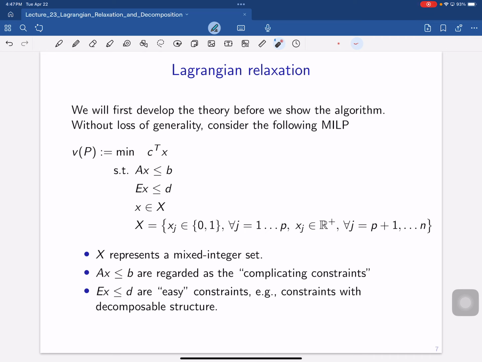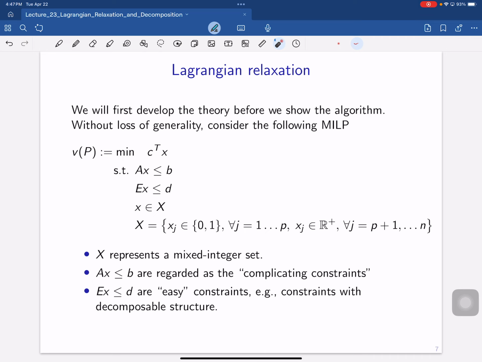I will simplify the notation quite a bit so that this presentation is general for any problem. Let's define the problem as follows: you have a MILP problem where all the x are mixed integer. Let's assume some are binary variables and some of the x are real variables.